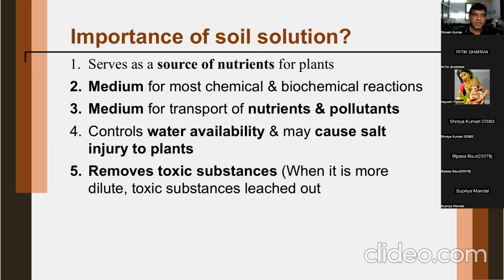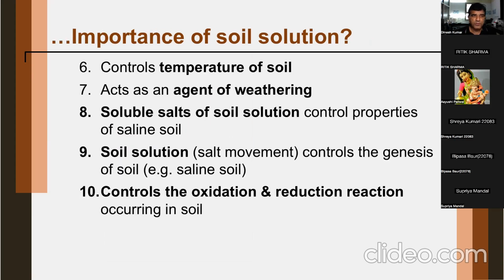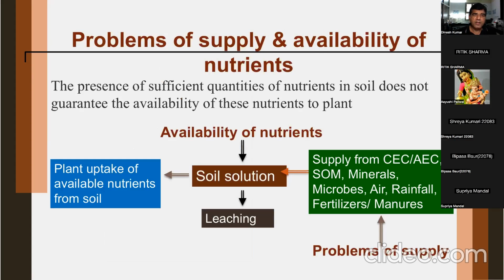And we discussed the importance or value of soil solution. And then we have seen how the nutrients are compensated or replenished in the soil solution, and what is the fate of nutrients. They can go for leaching, they can be taken up by microbes, or they can be precipitated.